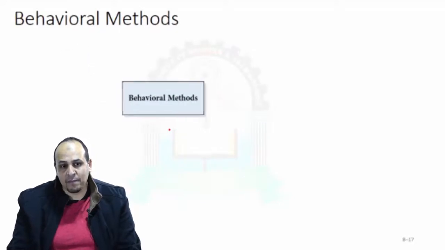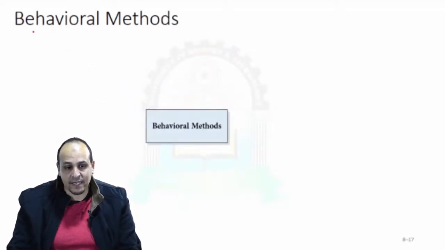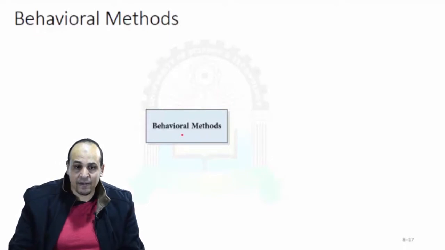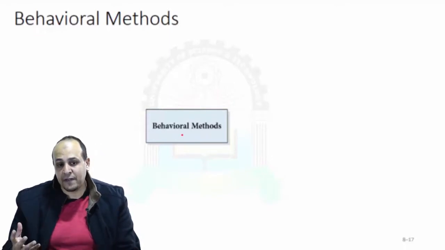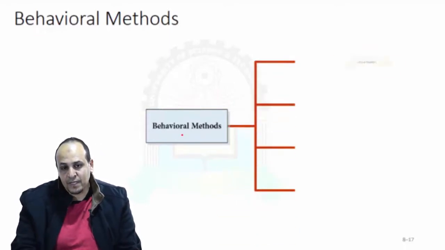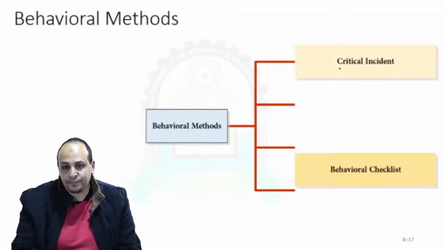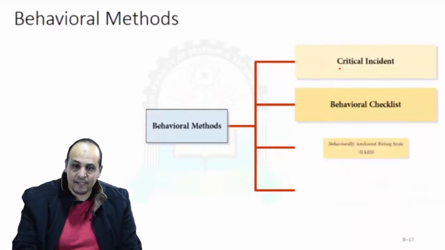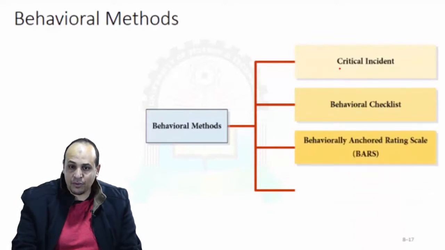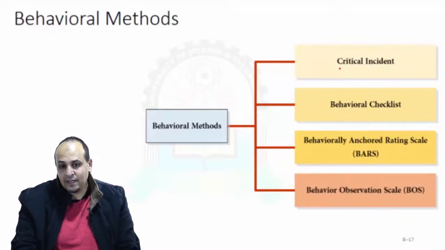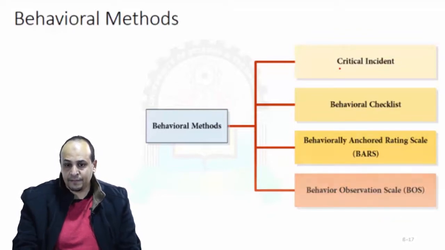Now the behavioral methods, this is the second approach. In behavioral methods here, we consider the behavior itself. So the first one is called the critical incident, behavioral checklist, behaviorally anchored rating scale, referred to as BARS, and finally the behavior observation scale.